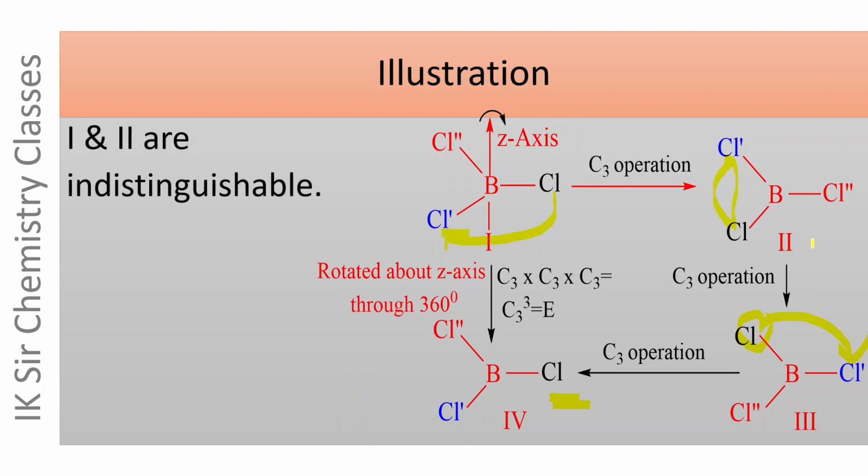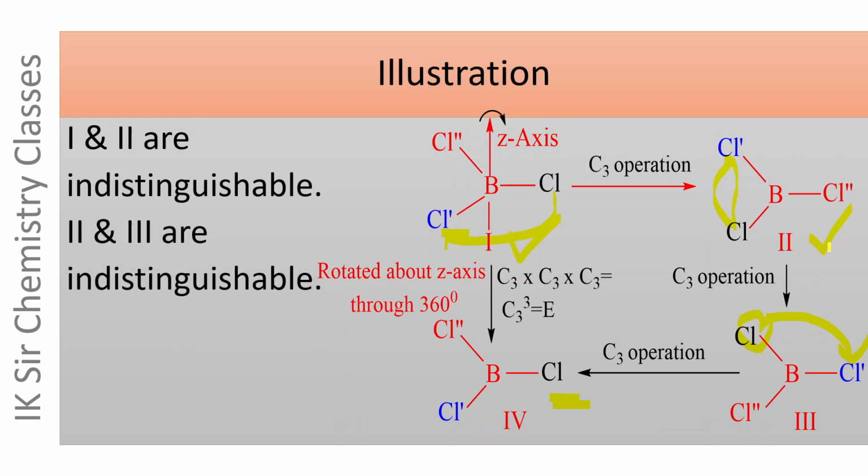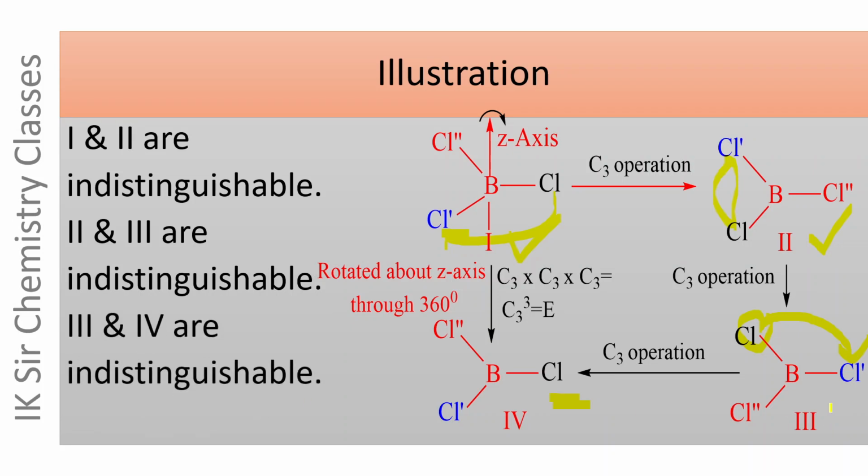1 and 2 are indistinguishable orientations. 2 and 3 are also indistinguishable orientations. 3 and 4 are also indistinguishable orientations, but 1 and 4 are identical. Overall, the molecule is rotated about Z-axis by 360 degree.